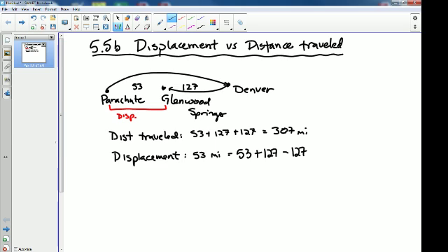So distance traveled will be some integral from T1 to T2 with an absolute value around that function. And the displacement, fortunately, is just a regular old calculation. Makes sense? Because this spot here is negative, but we need it to be positive to calculate our total distance traveled.